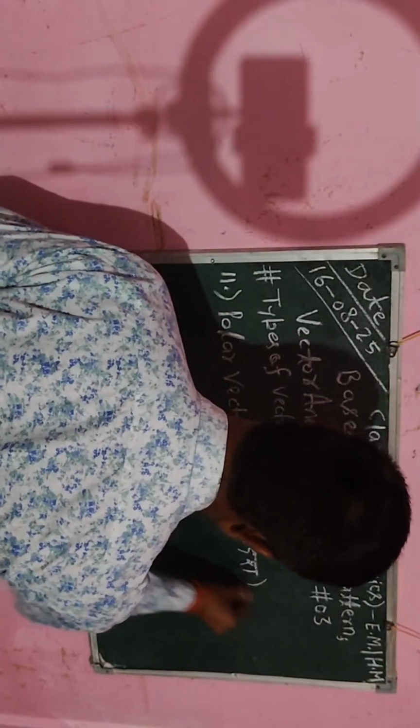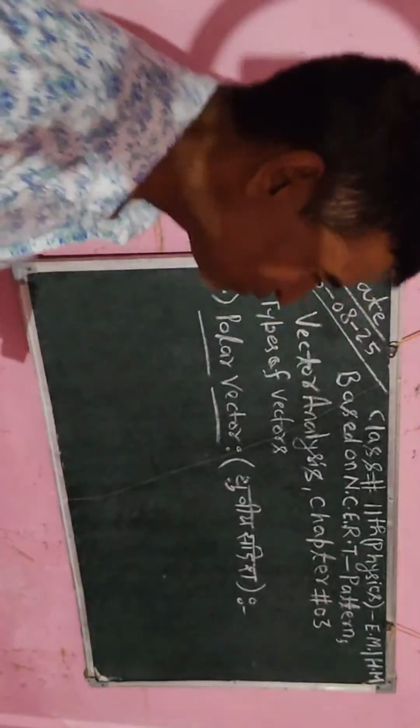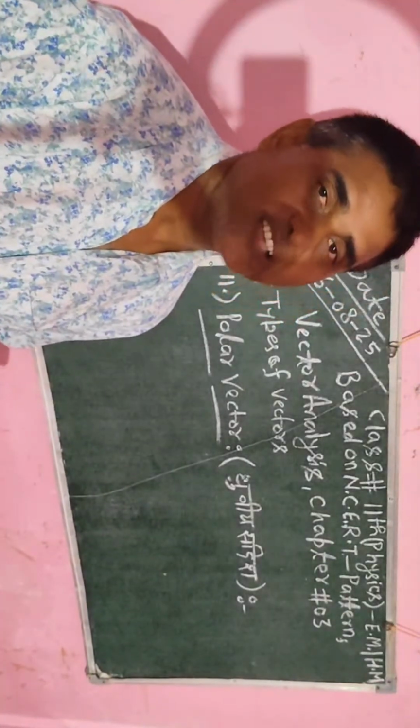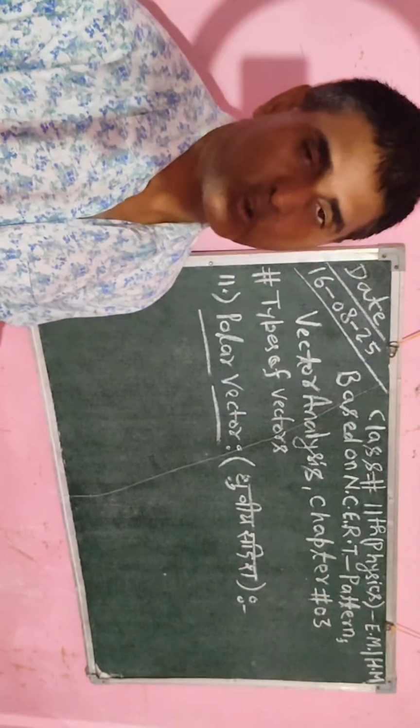I will explain its concept in detail. Okay, what is the concept of polar vector? Now here in this concept I will explain a vector which has an initial point but there is no end point. That is called a polar vector.